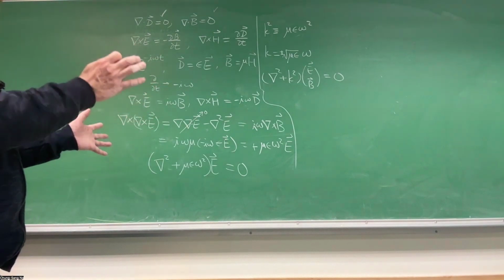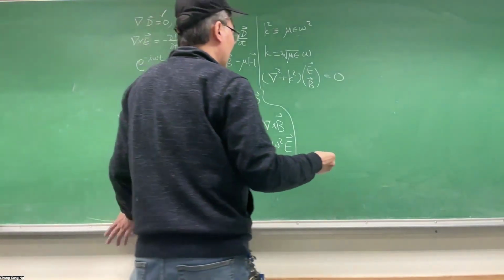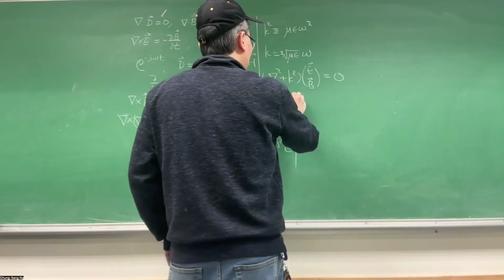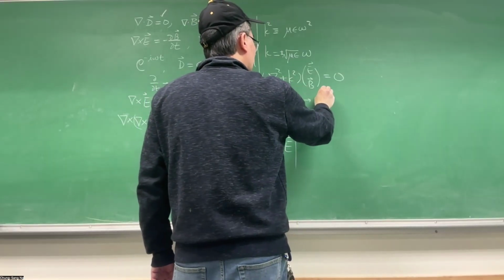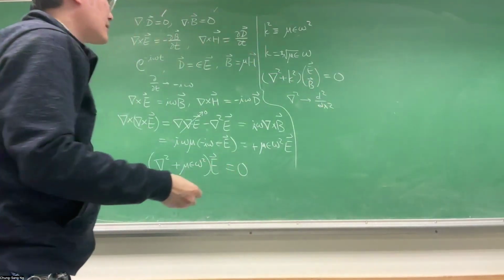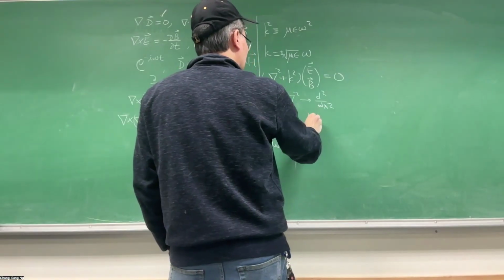Later on, you can rotate it back to point in any direction, but initially you can change your coordinate system. Say it all depends on x. The Laplacian becomes d squared dx squared. So everything just depends on x.